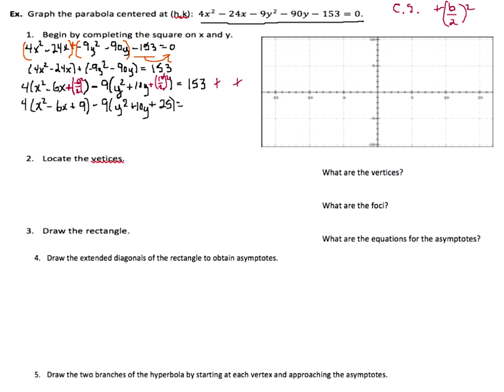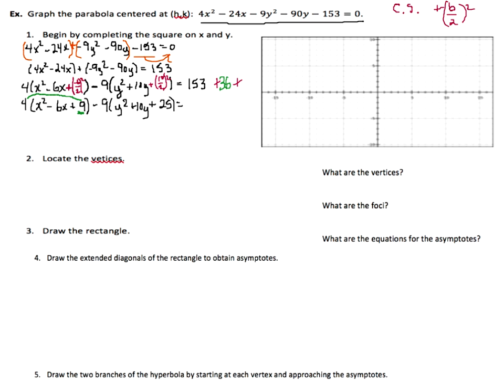okay, so let's go back and add those values to 153. So here, let me get a different colored pen. Here, I added a 9, but I added a 9 inside the parentheses that gets multiplied with a 4. This is why I wanted to wait, because I'm going to add a 36 there, 9 times 4.